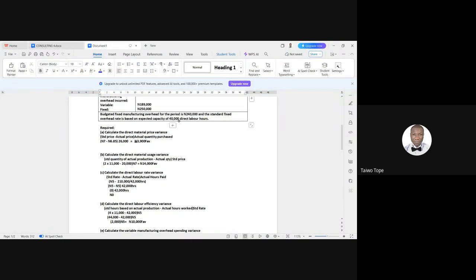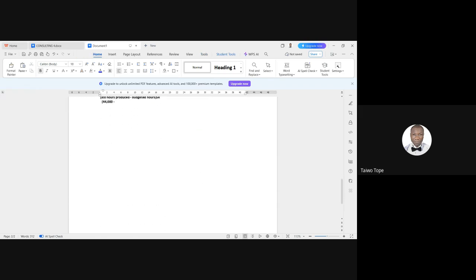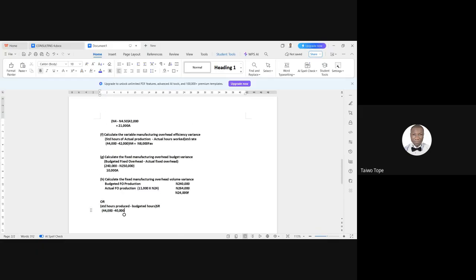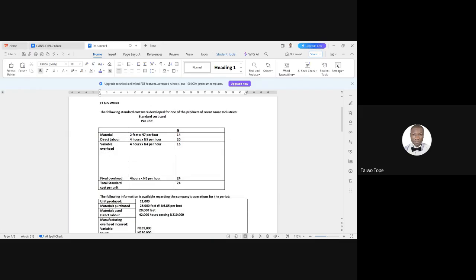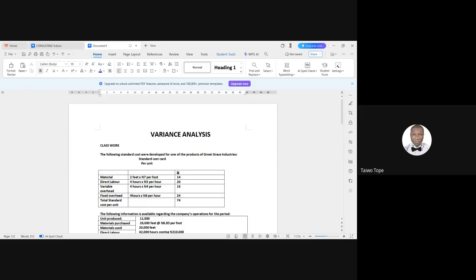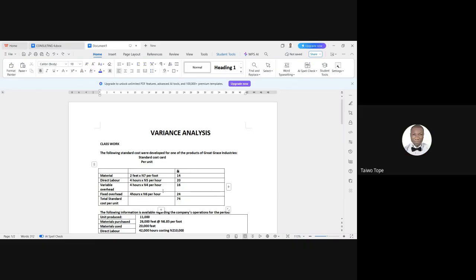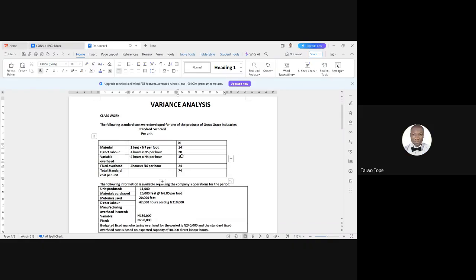In terms of fixed manufacturing overhead, see it here, 40,000 direct labor hours. In terms of your standard rate, your standard rate is what? 6 naira per hour.